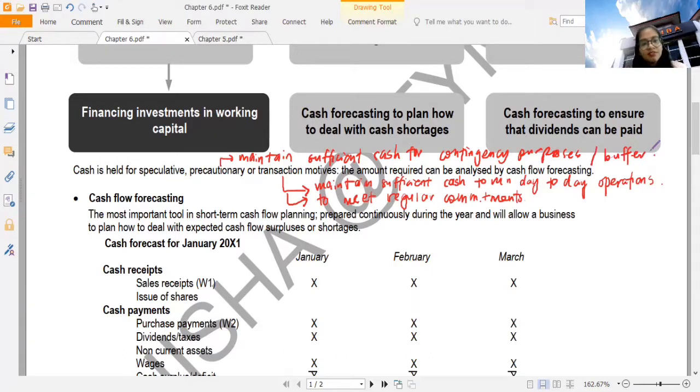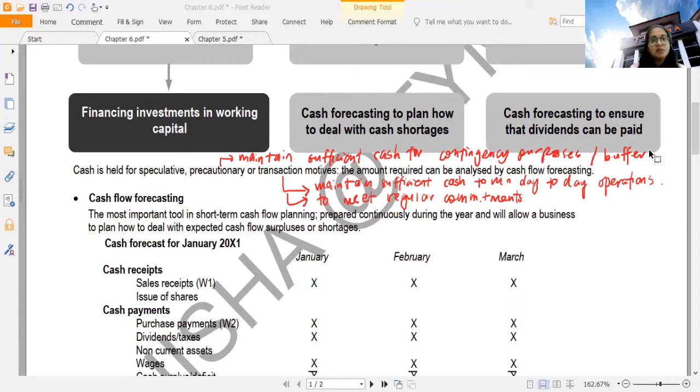And then finally, the speculative motive. What does it mean by holding cash for speculative motive? That means you want to ensure that you will be able to invest your cash. Why do you call it speculative?